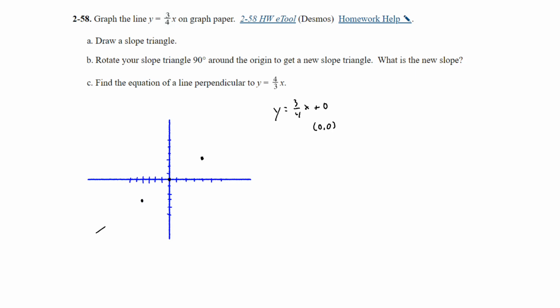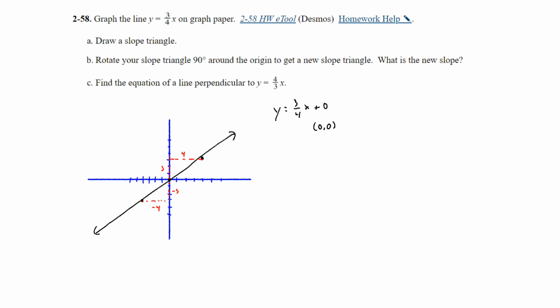And we draw on this line to draw on the sloped triangle. You want to make sure you're going up 3 and over 4, or once again down 3 to the left 4. So we could either go positive 3, positive 4, or negative 3, negative 4. Still a positive slope though.